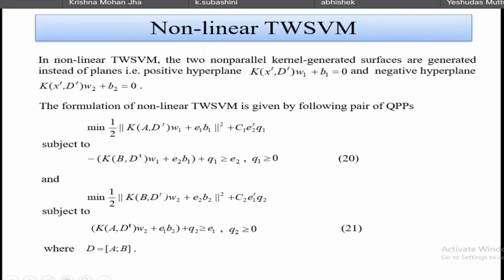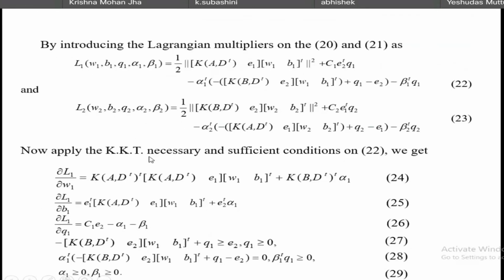This is the simple difference between the linear and non-linear case, and all the formulation will be the same. Whatever A you had in the previous formulation, you just replace by this particular term, and B you replace by this term. You get the same formulation I have written here, so I'm not going to discuss it again.